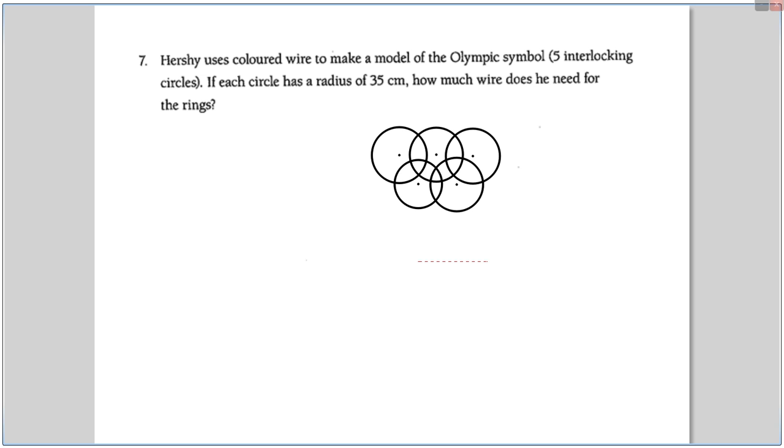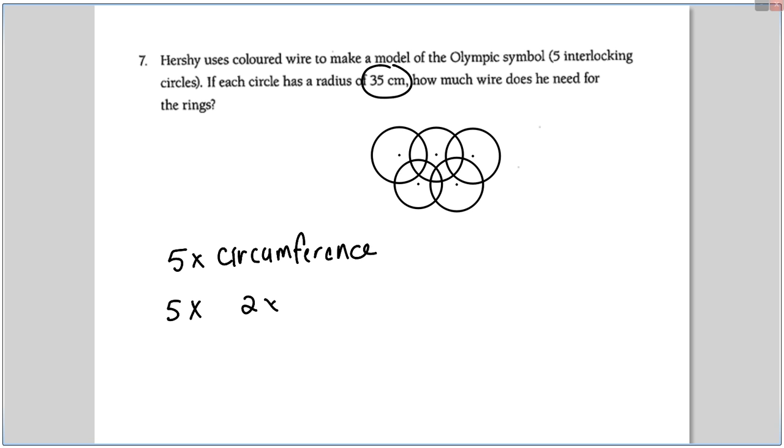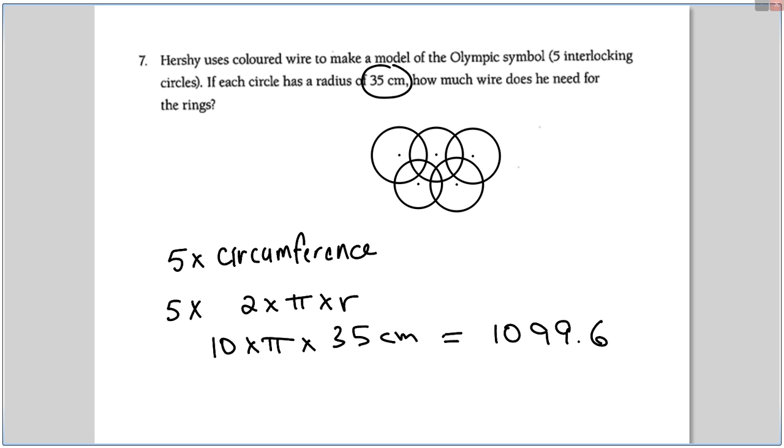Alright, so each circle has a radius of 35. How much wire? Well, it's just 5 times the circumference of each circle. So 5 times the circumference formula, 2 times pi times r. So 5 times 2, 10 times pi times r, which is 35 centimeters. 10 times pi times 35, and rounding, 0.6. The unit is centimeter.